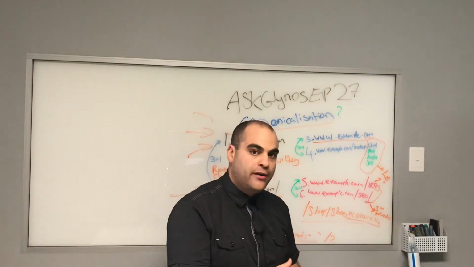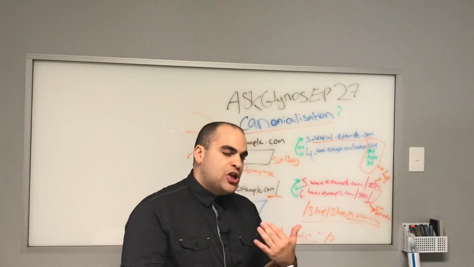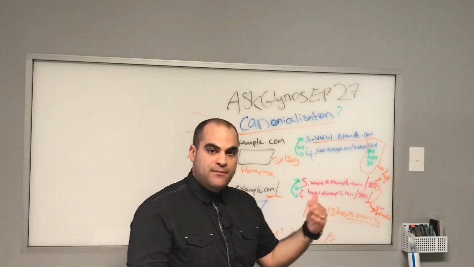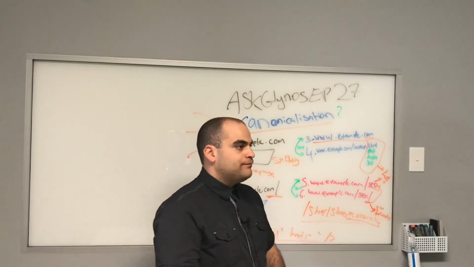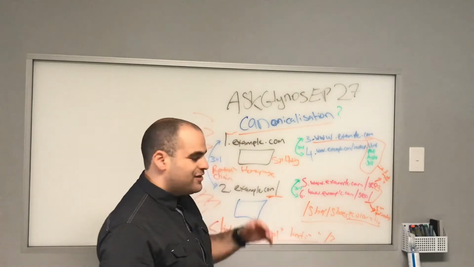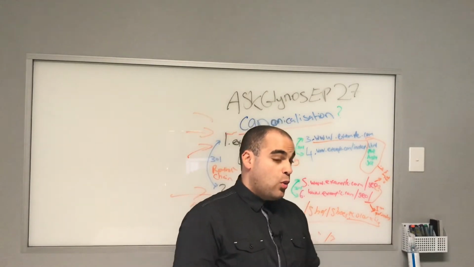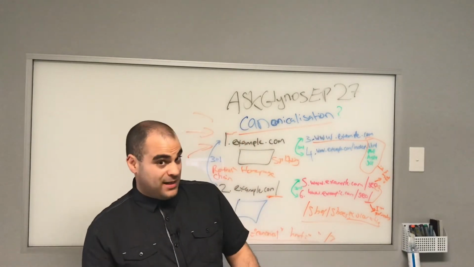Once you've thought about which version you want, people generally recognize www in the search engine as a website. Now, how are people going to link to you? Are they going to link to your website with the www or without the www?